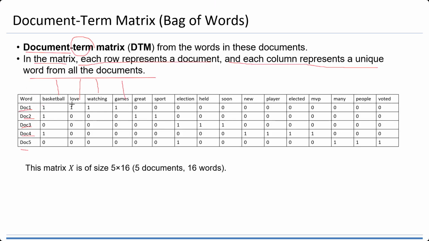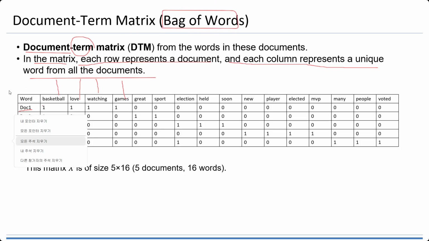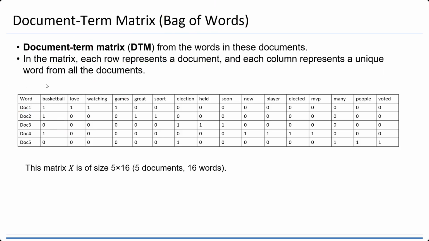So this is the same with the previous matrix, but now we transpose it. Sometimes we call this document term matrix the bag of words. So you already learned from the previous section about bag of words. So the matrix size is 5 multiplied by 16, 5 documents and 16 words.